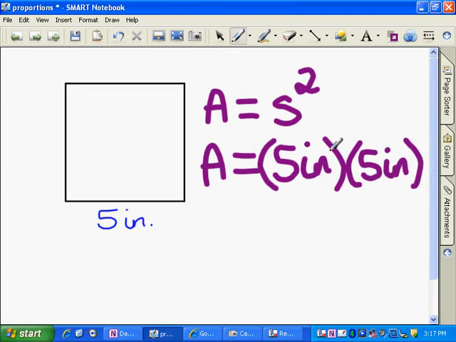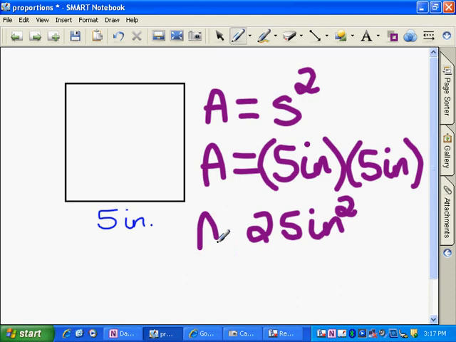Now when I multiply them, 5 times 5 is 25. Inches times inches is inches squared. So that's why we want to square our inches. You always want to put a little 2 to show that your unit is squared for area. Another way of thinking about it is that's how many squares actually fit inside of it. So there's 25 squares that are 1 inch by 1 inch inside this square.